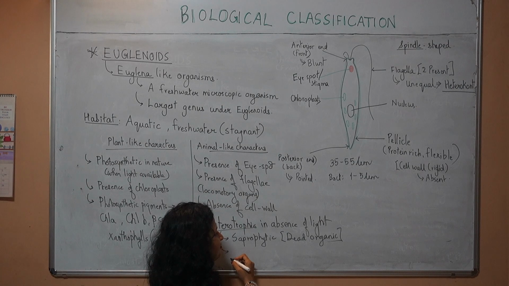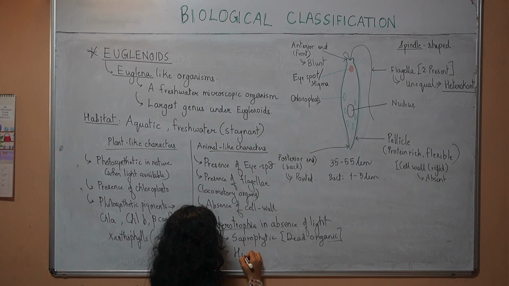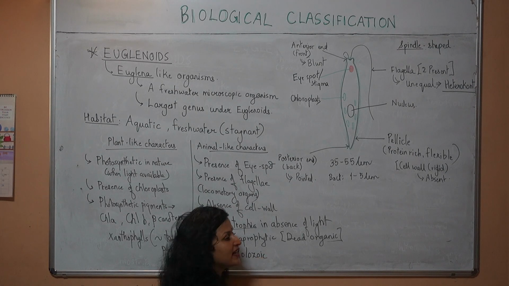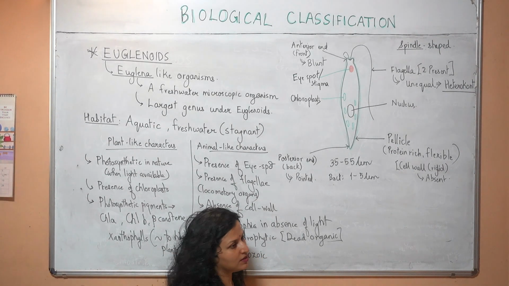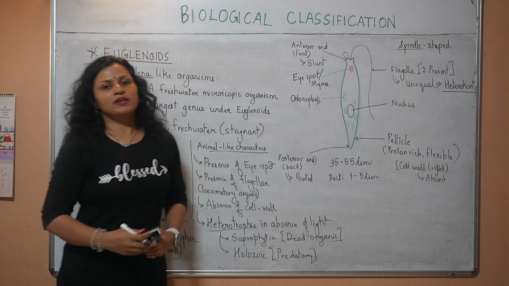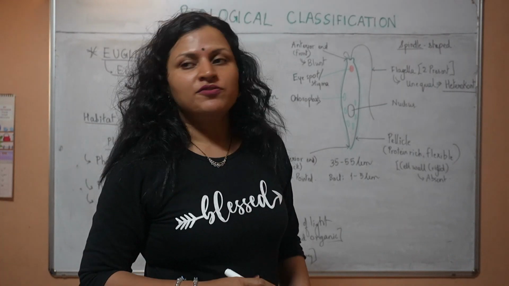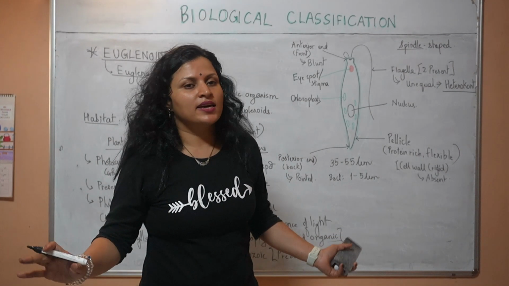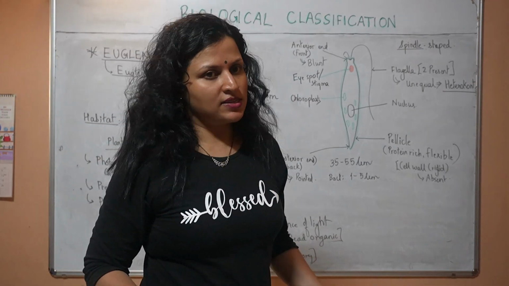And the second heterotrophic nutrition that they can show is holozoic nutrition. Holozoic, just like an animal, it will engulf bacteria and eat them. Holozoic, predatory. They eat bacteria, food particles and all, depending on what is available. Clear? Out of the different types of organisms in kingdom Protista, they are either autotrophic or heterotrophic, isn't it?